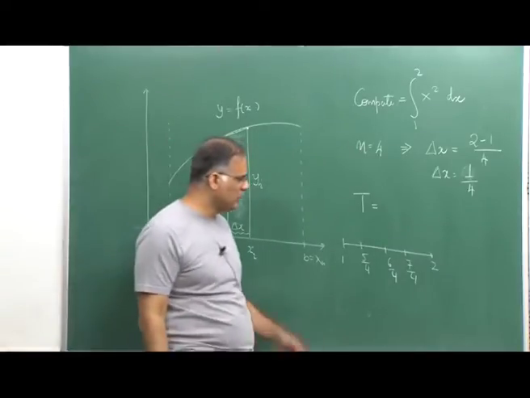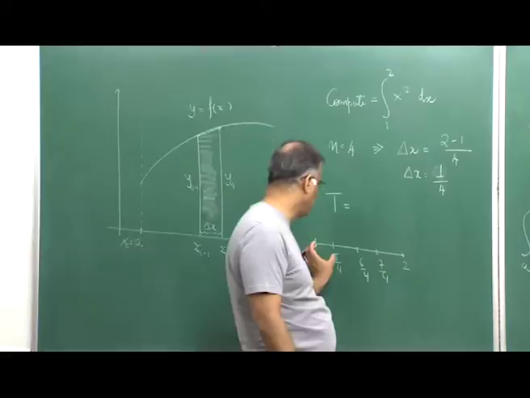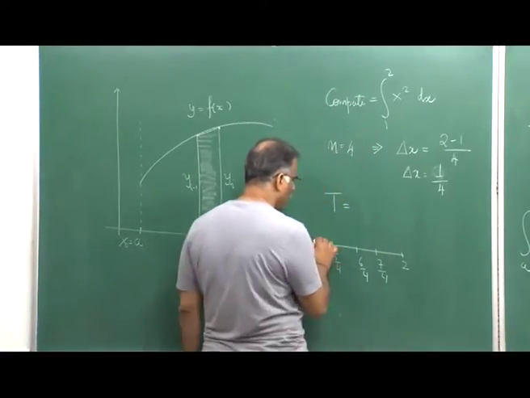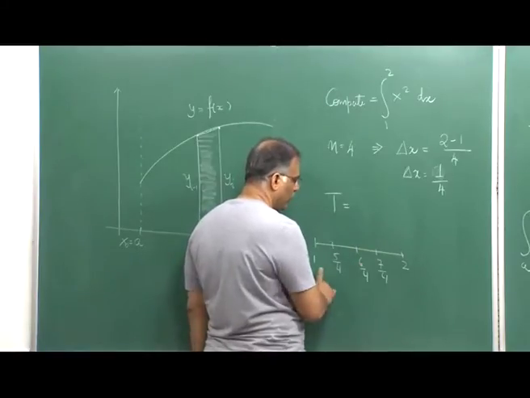So, we have divided it into n equal to 4 intervals, 1, 2, 3, 4. So, we need 5 points.